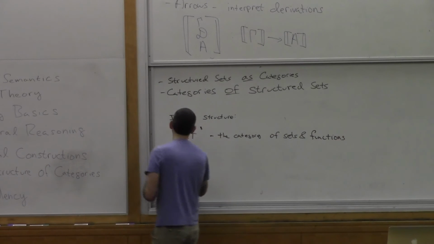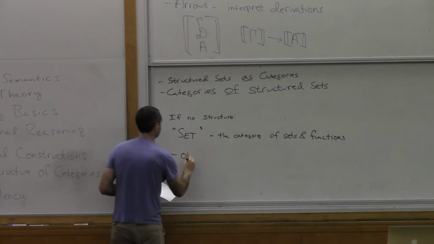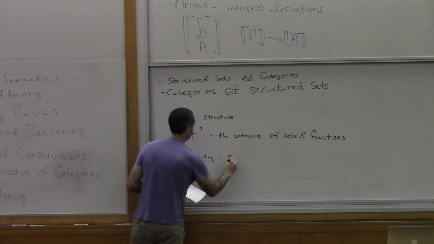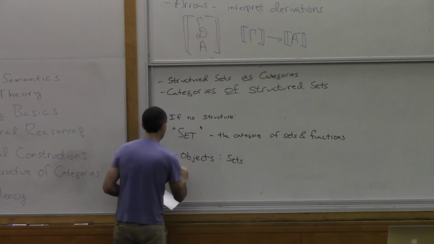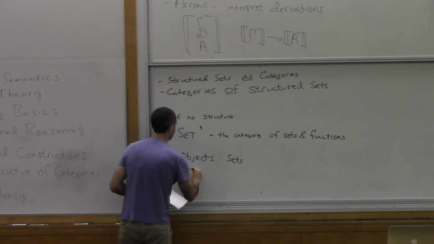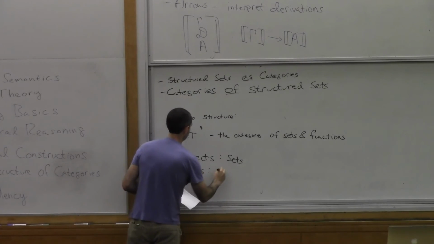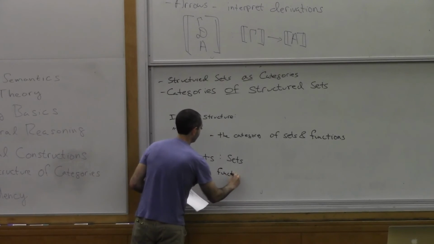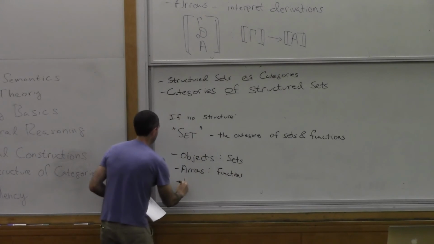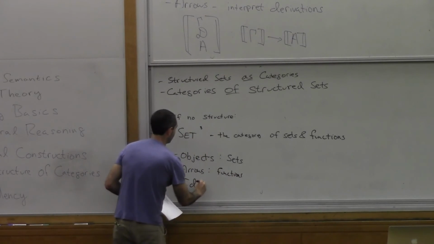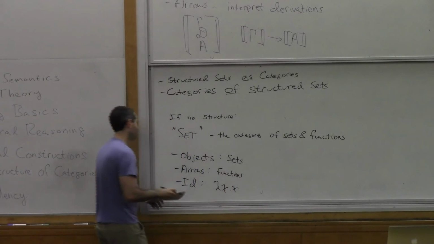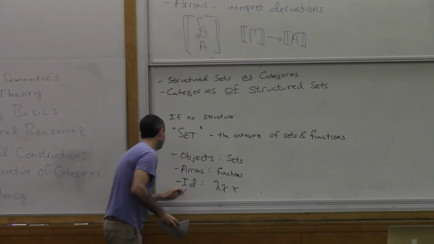I have to tell you all this stuff, whether it's objects, well, they're just sets, whether it's arrows, well, they're just functions, whether it's identities, they're the identity functions, right? x maps to x. What is composition?